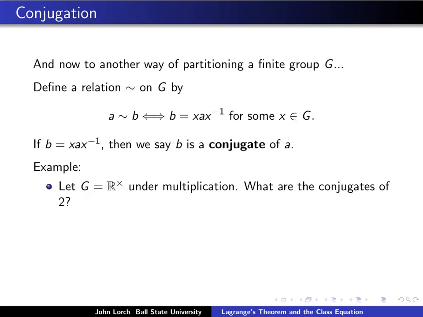Now we introduce a completely different way of partitioning a finite group G. This begins with defining a relation on the group. We say that A is related to B exactly when B is what we call a conjugate of A. That means that B is obtained from A by multiplying on the left by X and on the right by X inverse for some X in G. So in the next couple of examples, we're going to compute some conjugates.